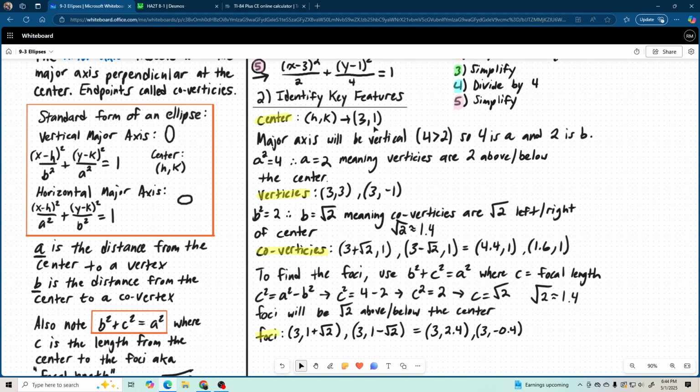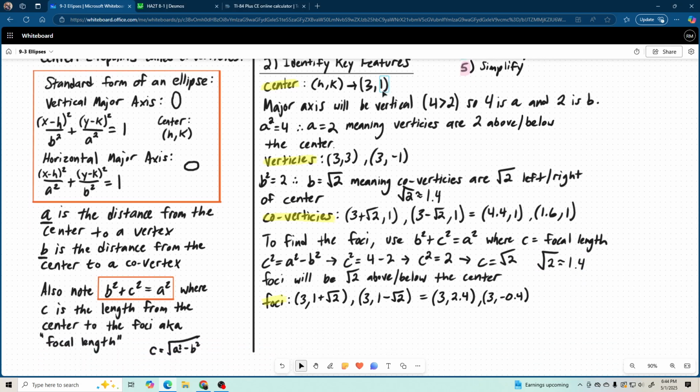So if we start at 3, 1, because that was our center, we're going to go 1.4 up and we're going to go 1.4 down. So if we start at 1 and we go up 1.4, that's going to give us this number here, which is 3, 2.4. And then if we go 1.4 down from 1, we're going to be at 3, negative 0.4. All right.